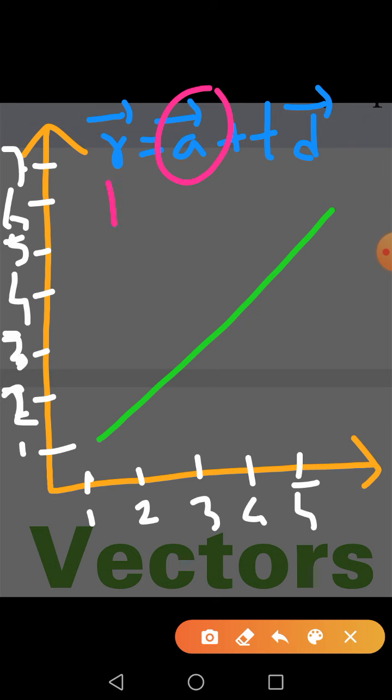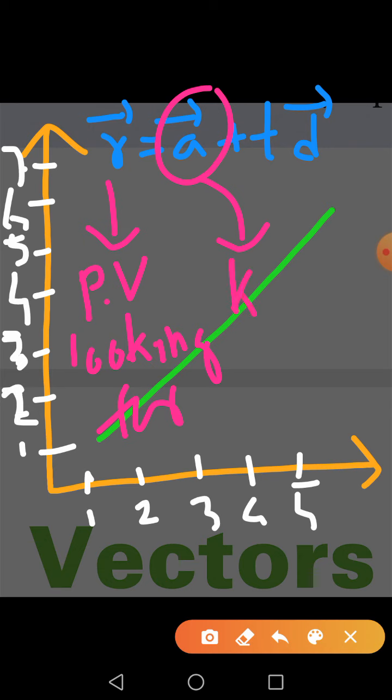So r is the position vector of the point that you are looking for or searching for. Okay, and this is the position vector of the point on the line that you already know about.